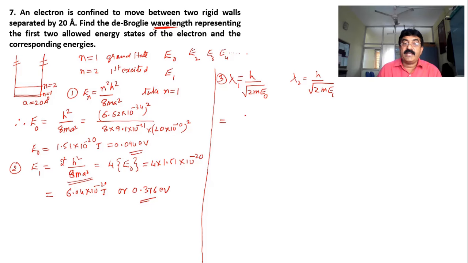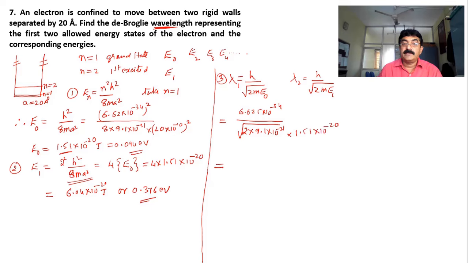That is, once again you have to do substitution. Well, 6.625 into 10 to the power of minus 34 divided by square root of 2 into 9.1 into 10 power minus 31 into energy is already calculated, that is E naught, 1.51 into 10 to the power of minus 20.